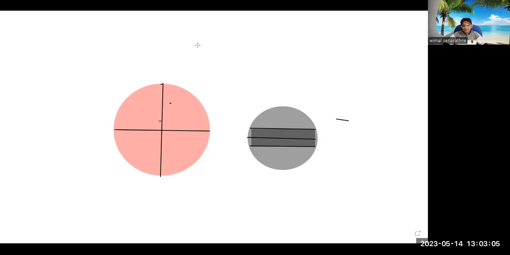Then this one, Arctic Circle, this one, Antarctic Circle, right? Then this region between the Tropic of Cancer and Arctic Circle, and this region between the Tropic of Capricorn and Antarctic Circle, these two regions are called temperate zones, right?